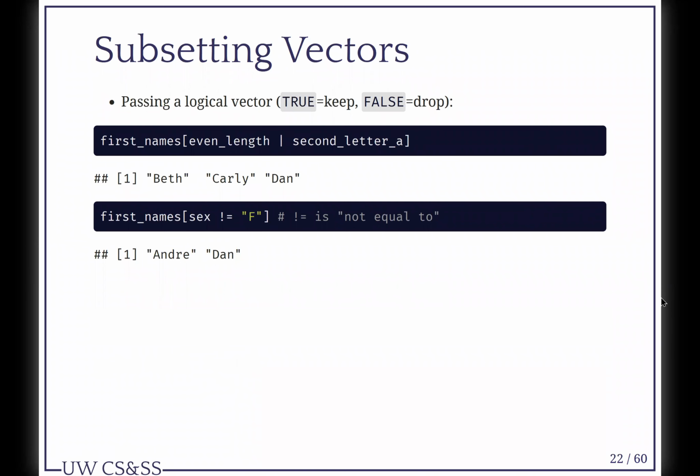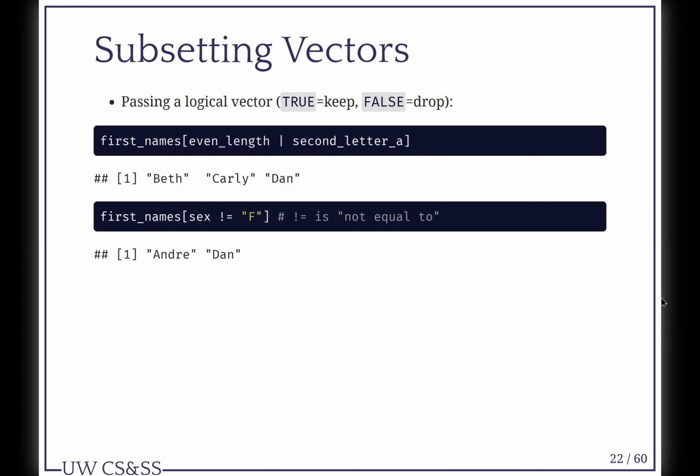We can subset vectors by passing a logical vector where true equals keep and false equals drop, and actually include multiple conditions the same way we used that expression before. So if we said first names subset by the expressions even length or second letter A, we would receive back Beth, Carly, and Dan.